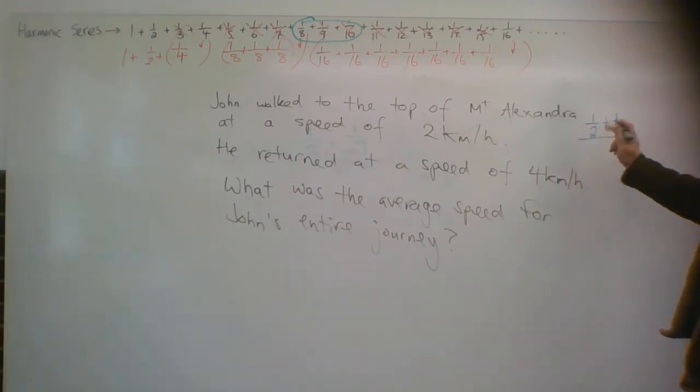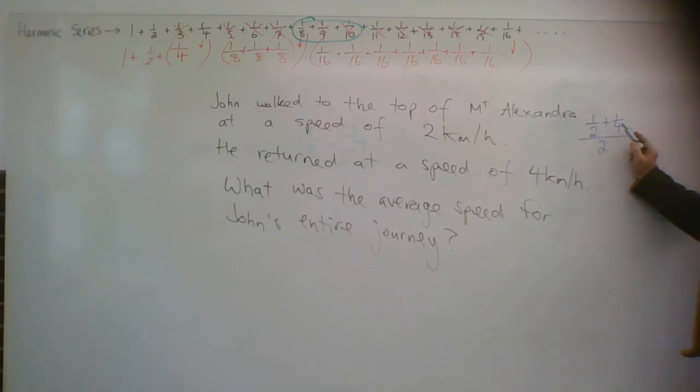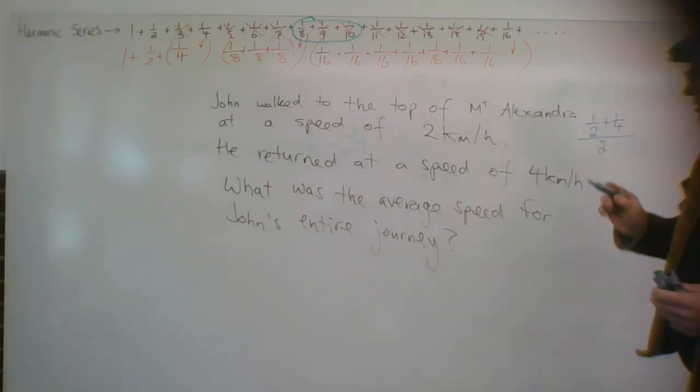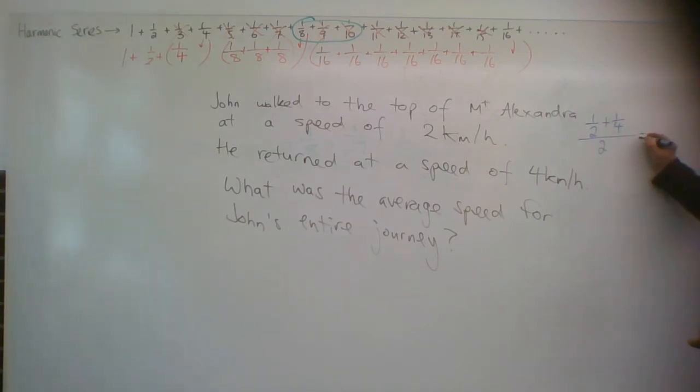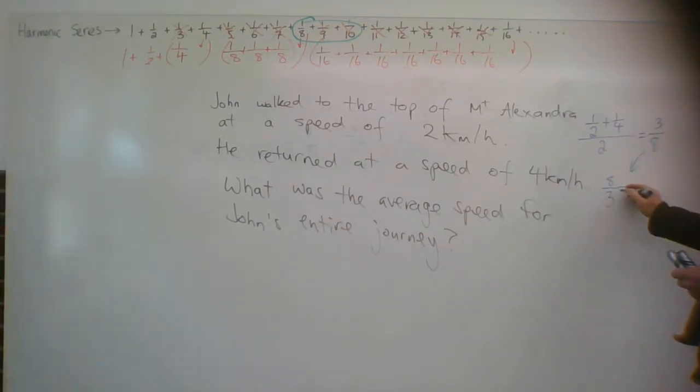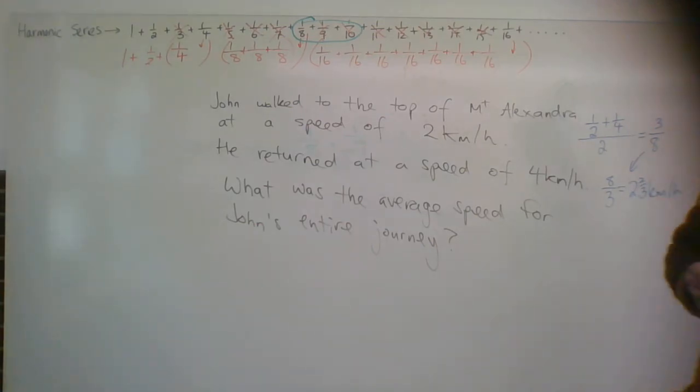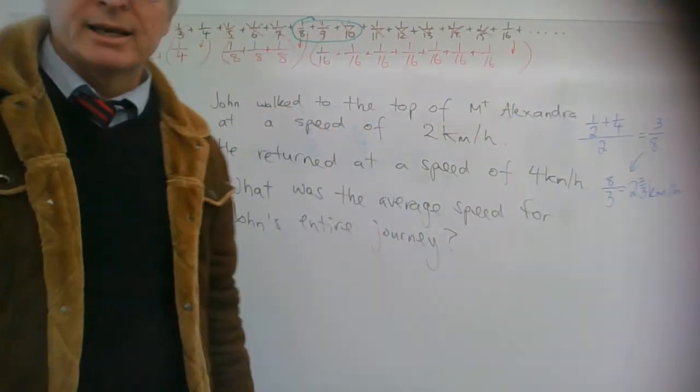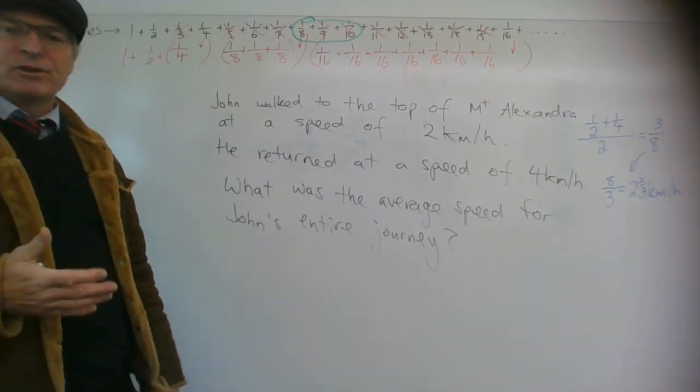The mean of those flips: half plus a quarter is 3 quarters, so that is equal to 3/8. But I want the flip of the mean of the flips, so it'd be 8 on 3, which is 2 2/3 kilometres per hour. That was the average speed.